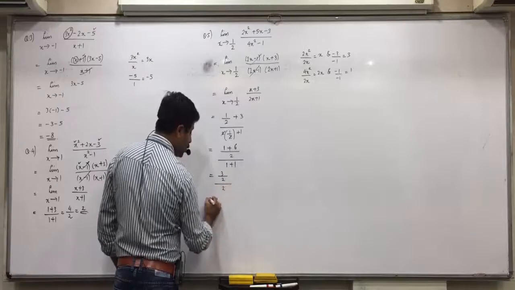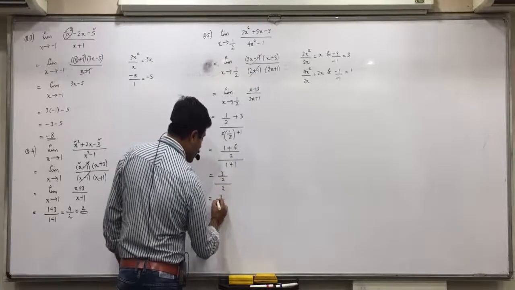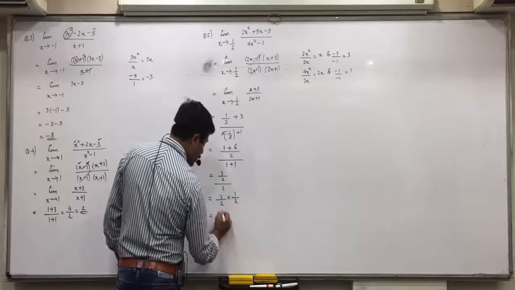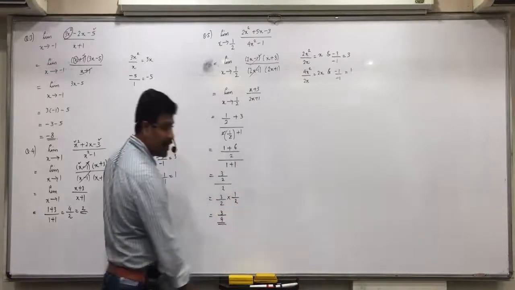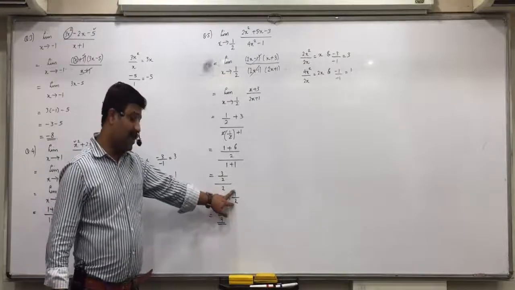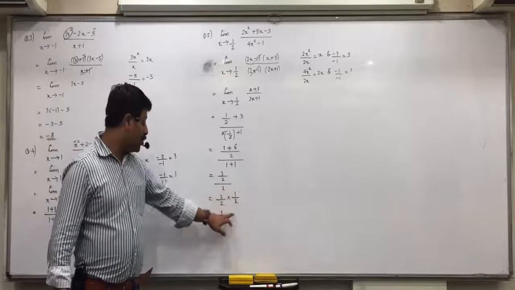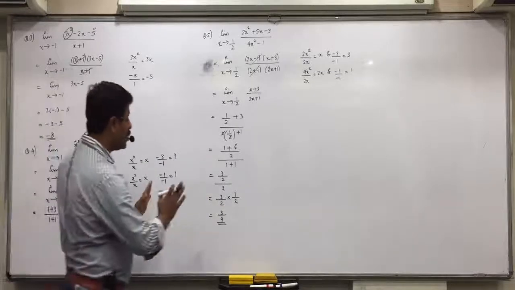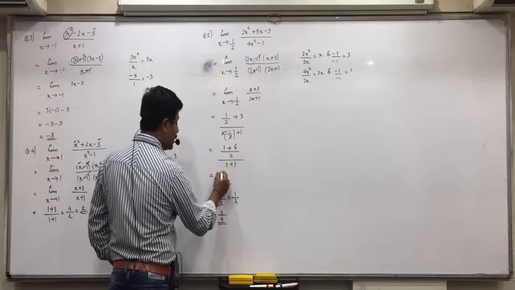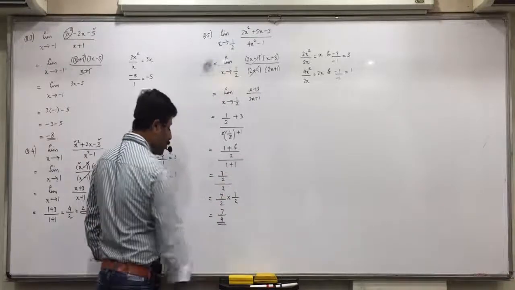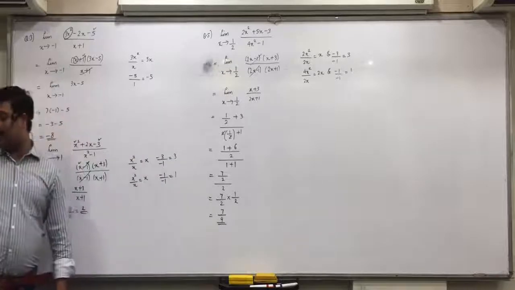Can I say divided by 2 means multiplied by reciprocal, 1 by 2? So 2 into 2 becomes 4. Sorry, 1 plus 6 is 7. So 7 by 4. Is everyone clear with this?